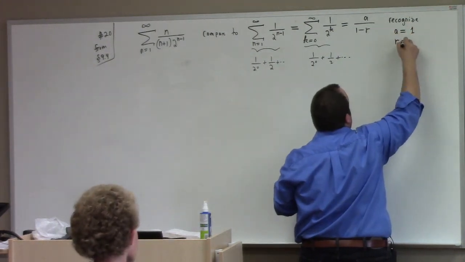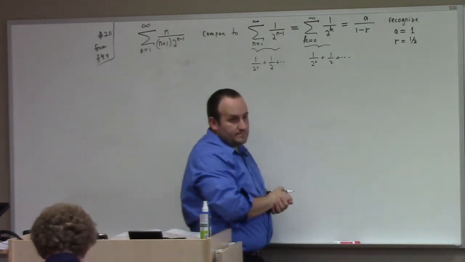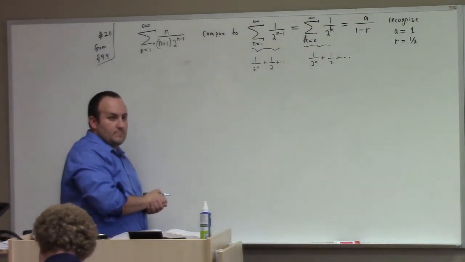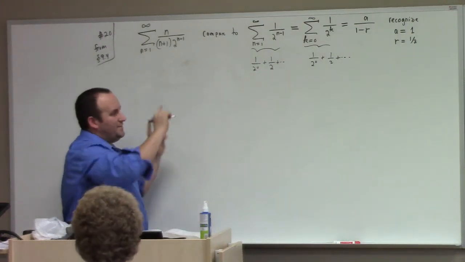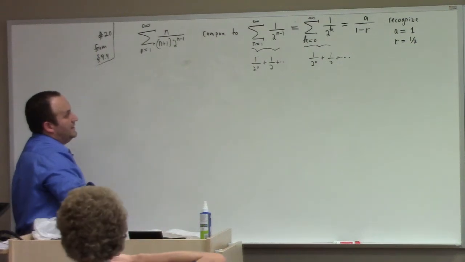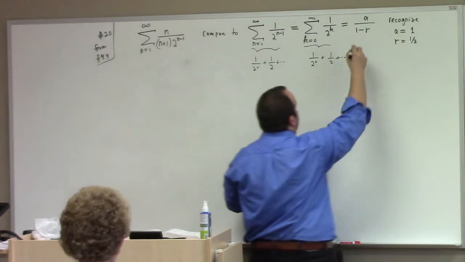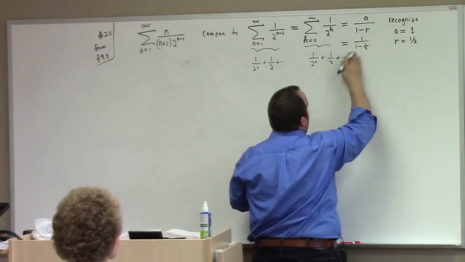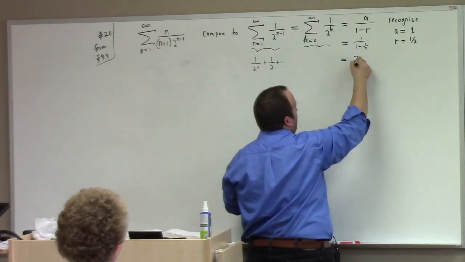R equals 1/2. Anyway, the long story short, this series converges to what? One over 1/2, which is 2, right?